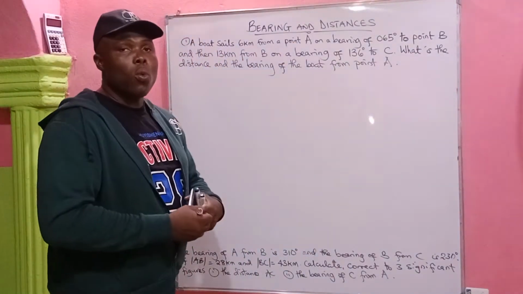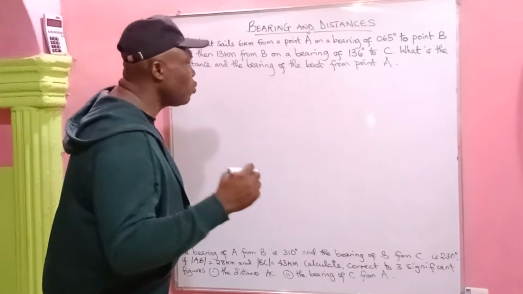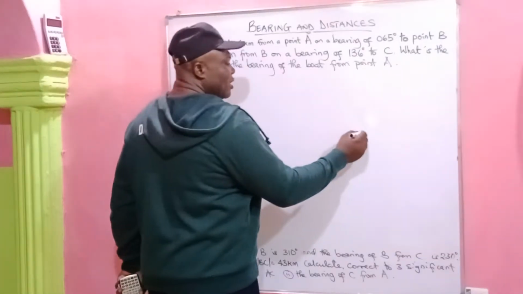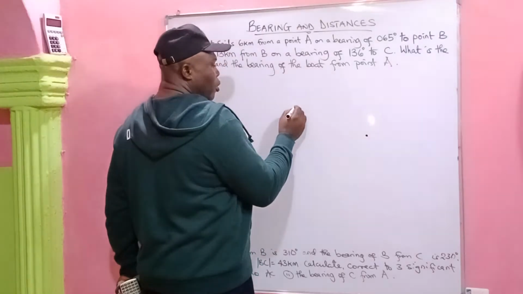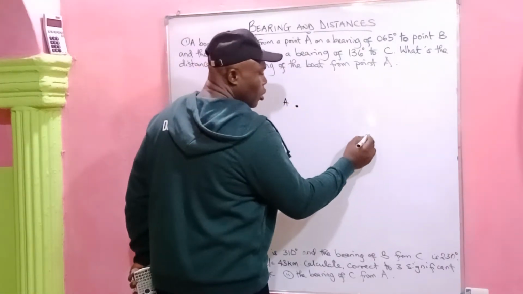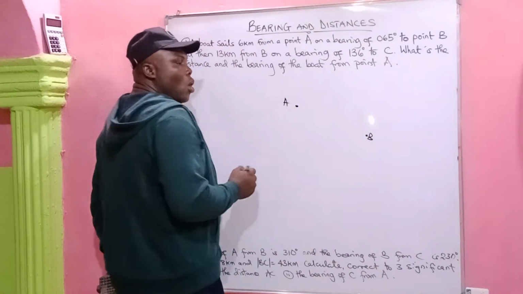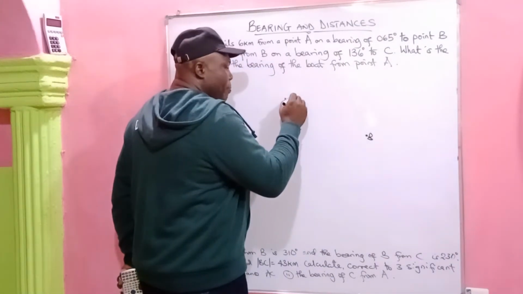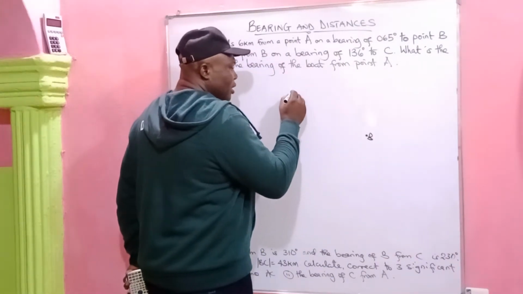Alright, so if we want to check what the distance is, please watch. Assuming you have 2 points A and B. This is point B and this is point A. You can only know the bearing of B from A by simply bringing the northern pole, is this.